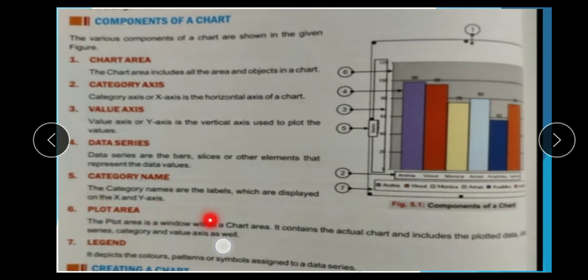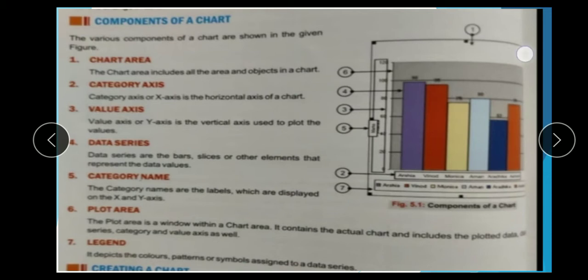Sixth, plot area. The plot area is a window within a chart area. It contains the actual chart and includes the plotted data, series, category and value. All these things are called the plot area. Means this one here, the plot area.